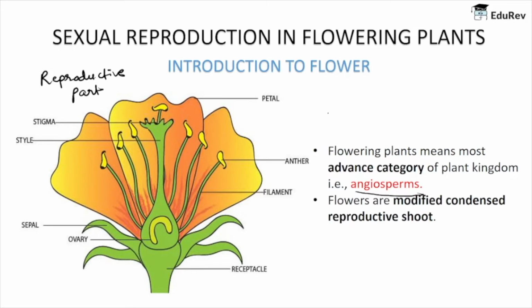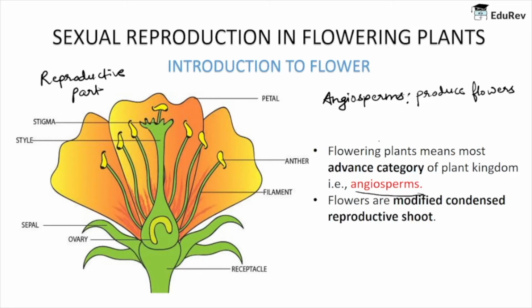Now, what are angiosperms? If somebody asks you what angiosperms are, basically, these are the plants that produce flowers. In some plants, you will find that they do not produce flowers. But in some plants, you will see that they are producing flowers.